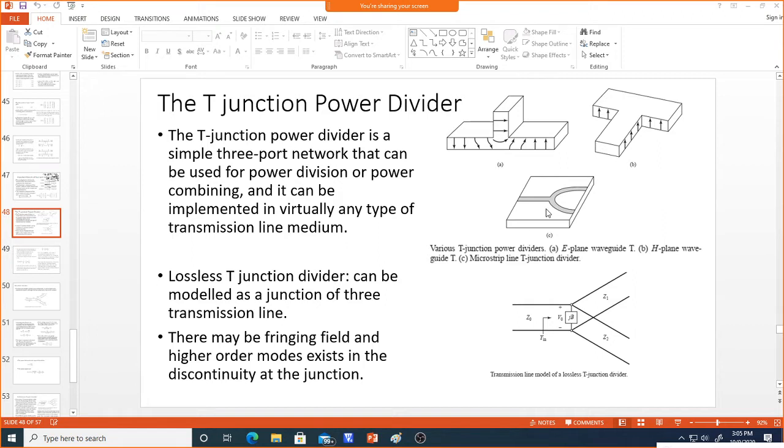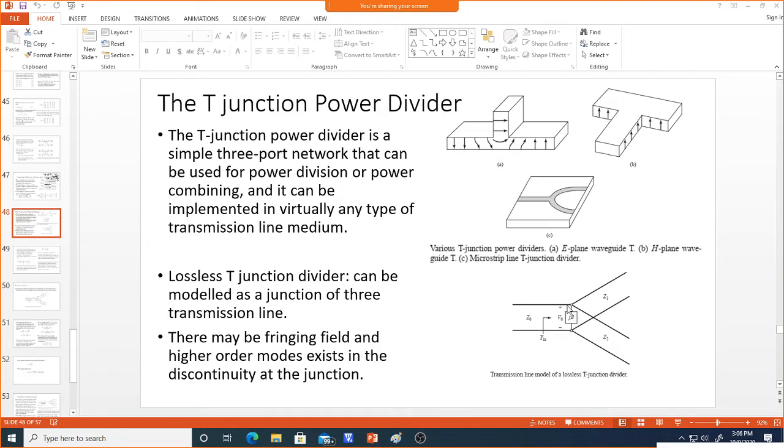If you take a lossless T junction power divider, it can be modeled as a transmission line. At this junction, due to the fringing fields and also higher order modes, since there is a sudden abrupt change, there is a discontinuity, and higher order modes may exist.